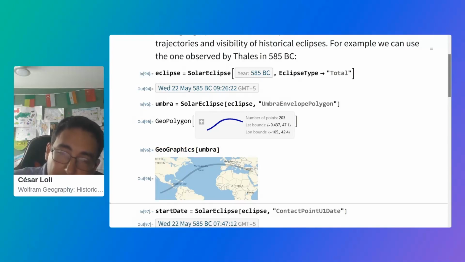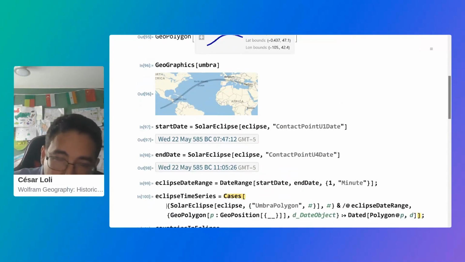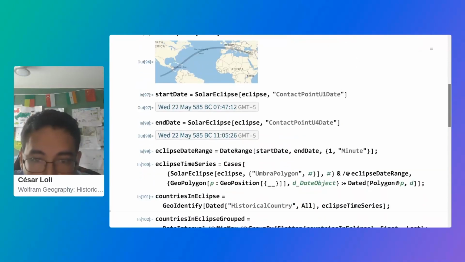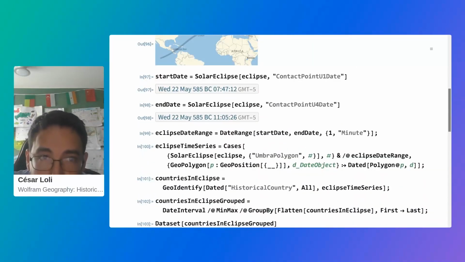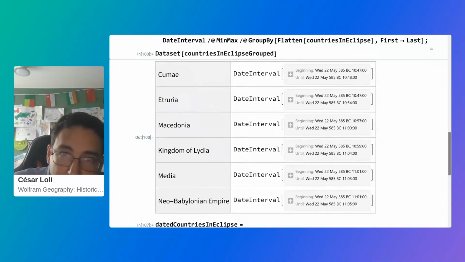and then we can use this information, that is, of course, geographical and historical, to see in which countries this eclipse was seen and at what times.